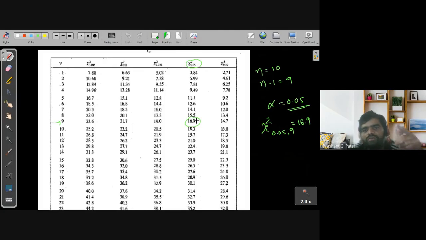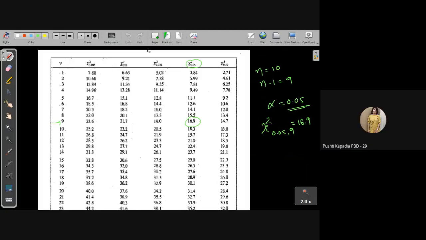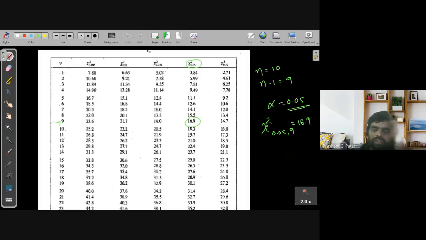You can take 2 decimal places or 3 decimal places, depending on how much accuracy you need. Everything is computed from the theoretical equation or your curve, and from that this data is there. Yes, sir. You can round it, or if you want more accuracy, you can take more decimal places.